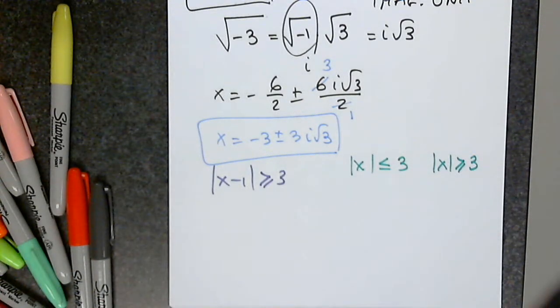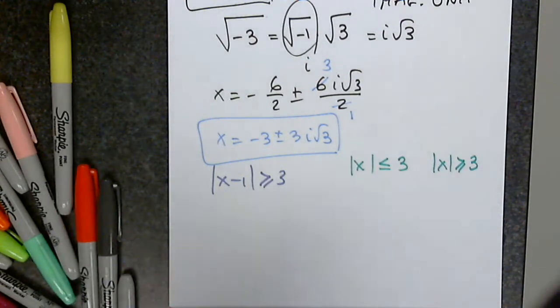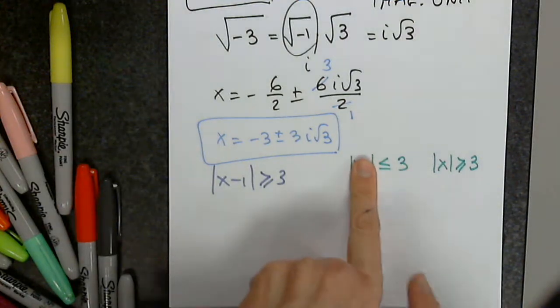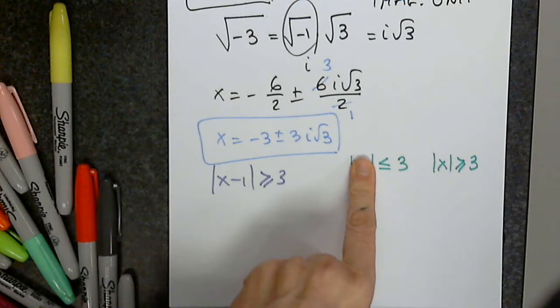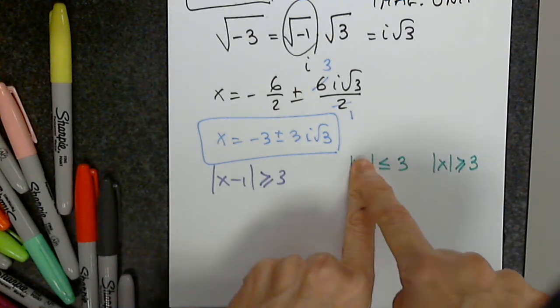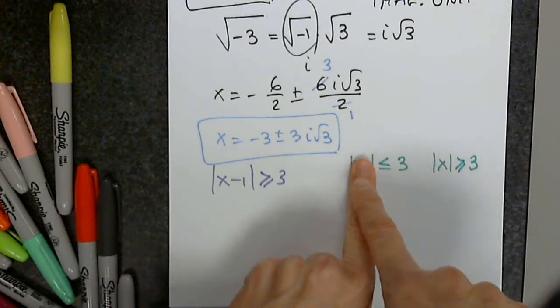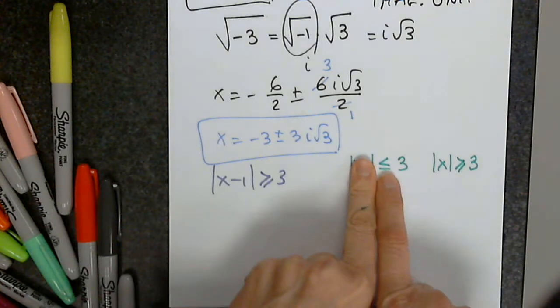How do I know how to address this, or how do I know what to do in either one of the two situations? The key is to understand what they are asking us to do. Here I'm asked to find numbers. Remember that the absolute value is the distance. So I'm asked to find numbers whose distance from 0 is 3 units or less.